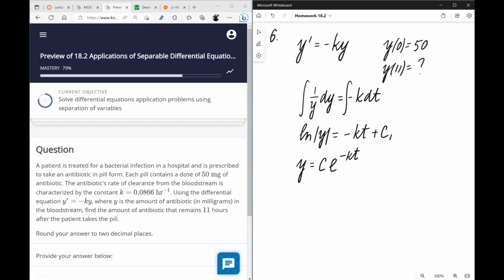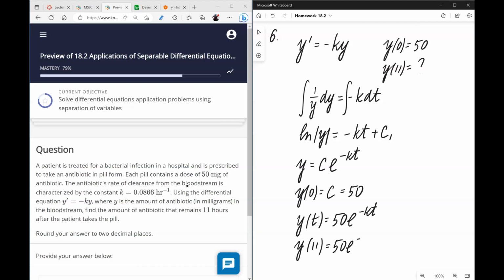It's not the same c as this one. To find c, we're going to use the initial condition, which now means we have the complete function. And now we can evaluate it at 11.